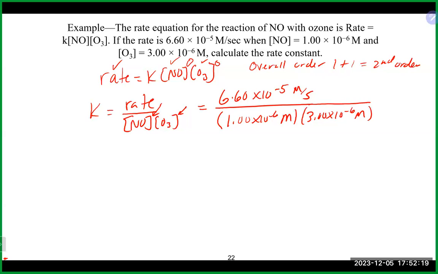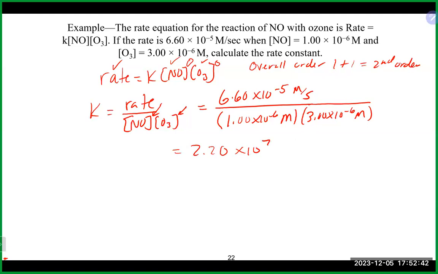Here, we'll punch that in, 6.6 using our exponent button, 10 to the minus 5, divided by 1 times 10 to the minus 6 times 3 times 10 to the minus 6. Looks like a number with a lot of zeros. So that looks like 2.20 times 10 to the 7.